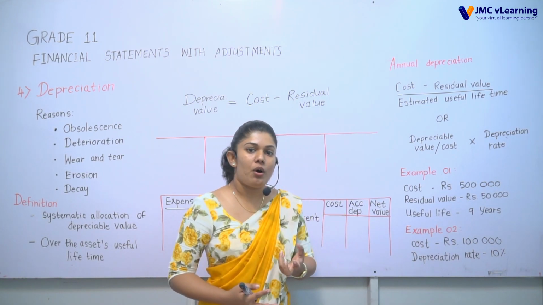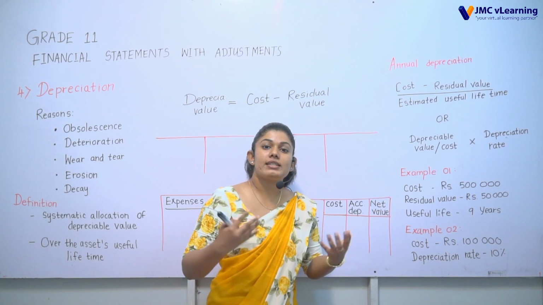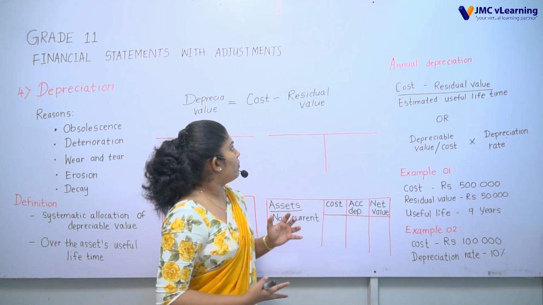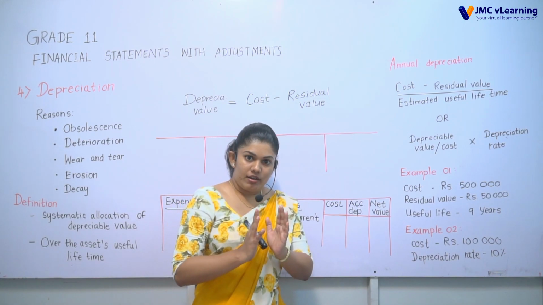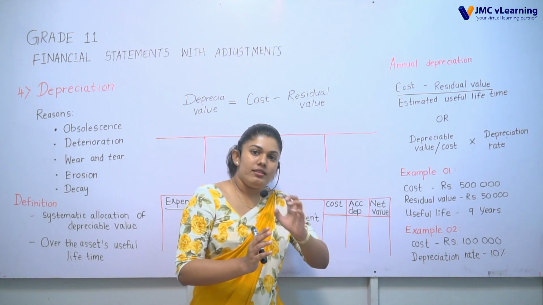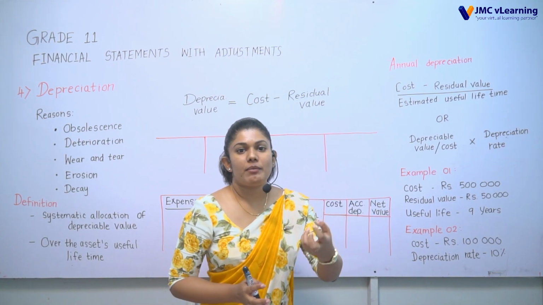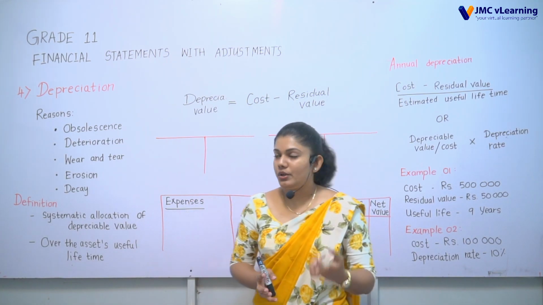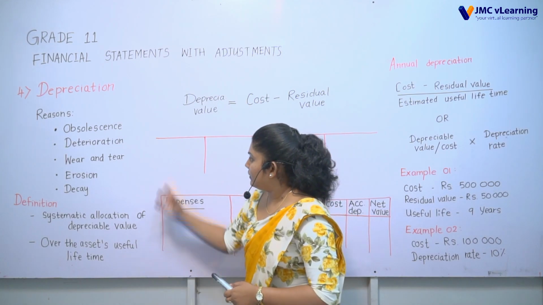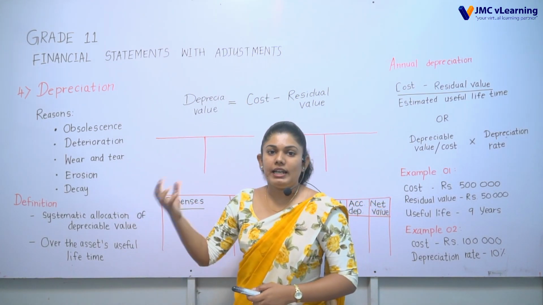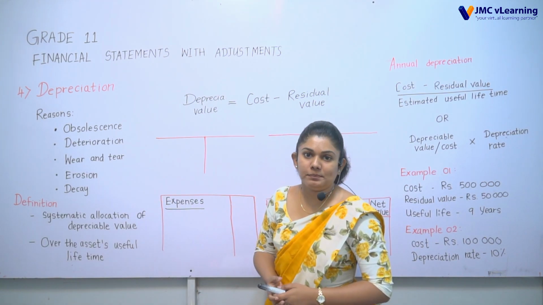It is also known as scrap value. So depreciable value means from the cost you remove the final amount of money you can get, and this amount is divided among its useful lifetime.